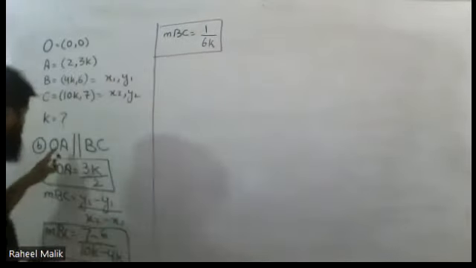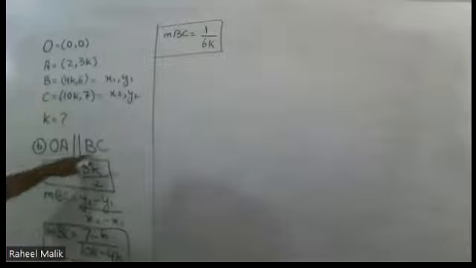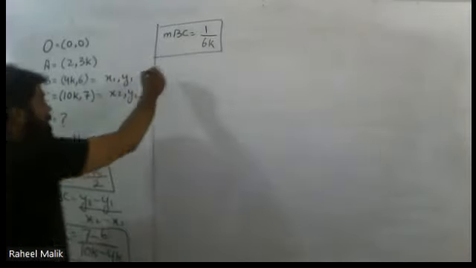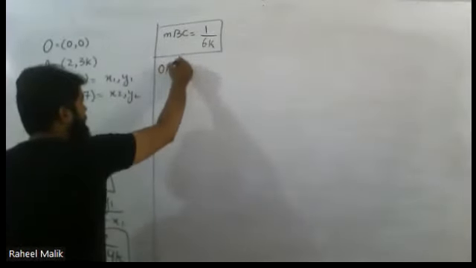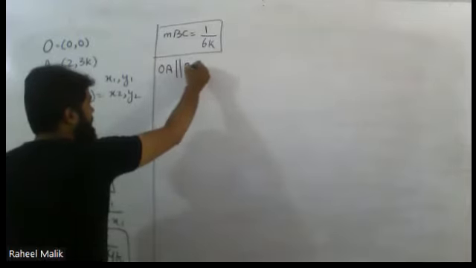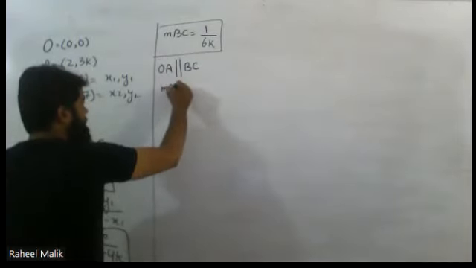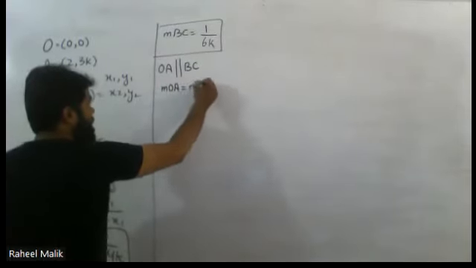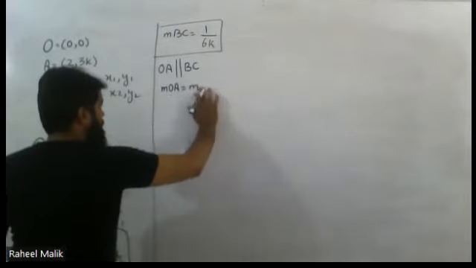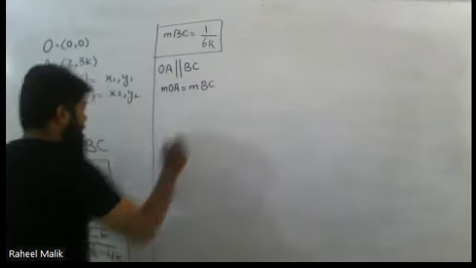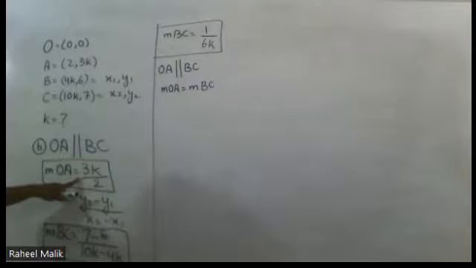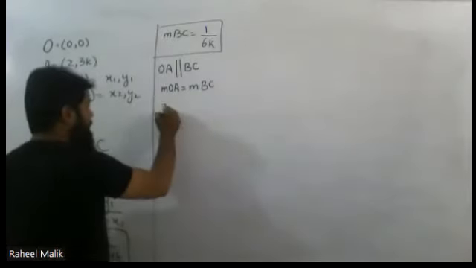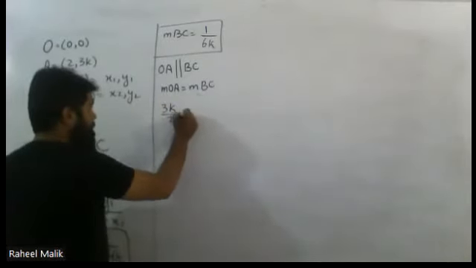Okay. Now they are saying OA is parallel to BC. It means what? It means the gradient of OA equals gradient of BC. The gradient of OA was 3k over 2.